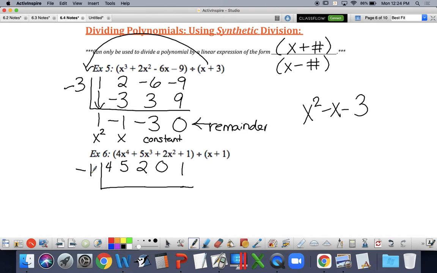Don't forget that. We want to figure out what the solution to that is. Bring down my 4, -4, 5 minus 4 is 1, -1, 2 minus 1 is 1, -1.